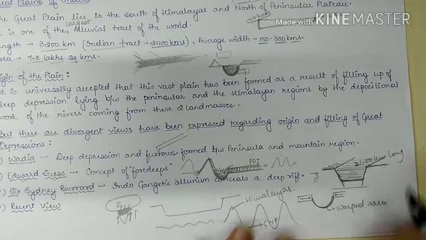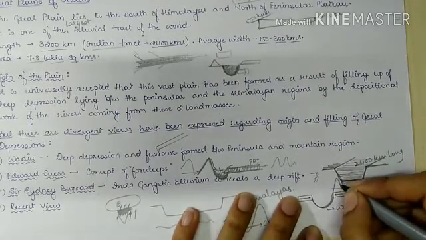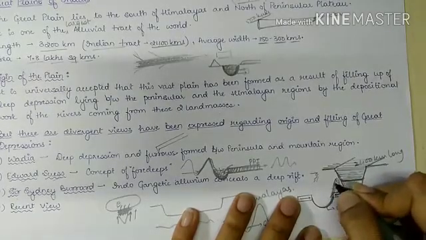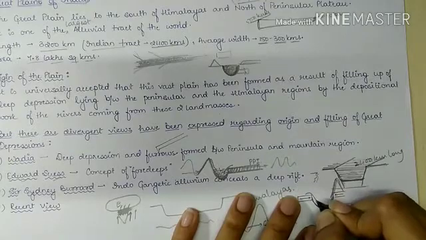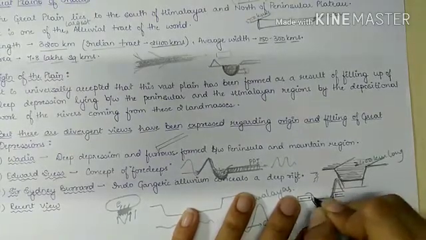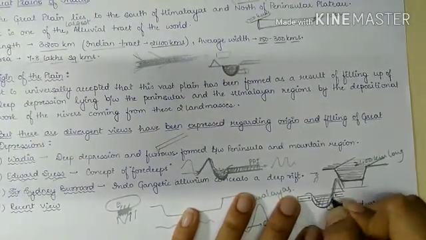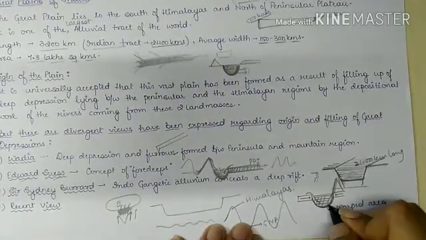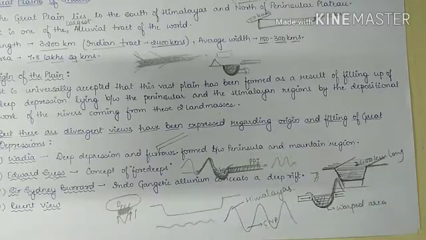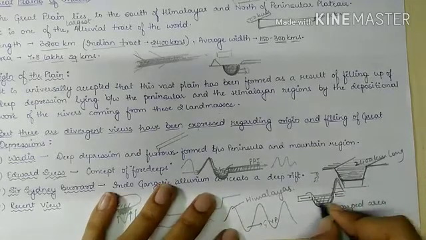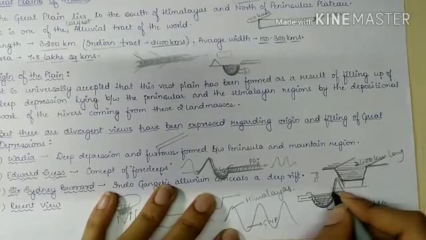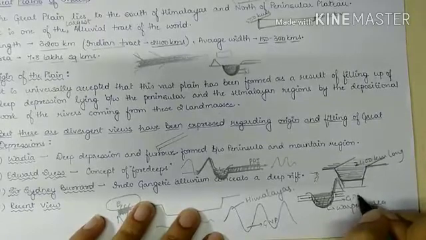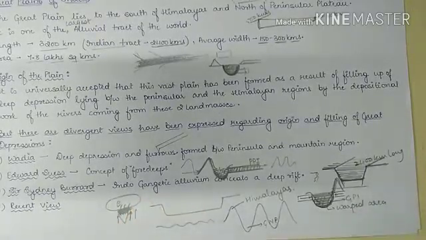The rivers flowing from the Himalayas as well as the peninsular region deposited their detritus in this deep. After several years it was filled up, and now it is known as the Great Plain of India.